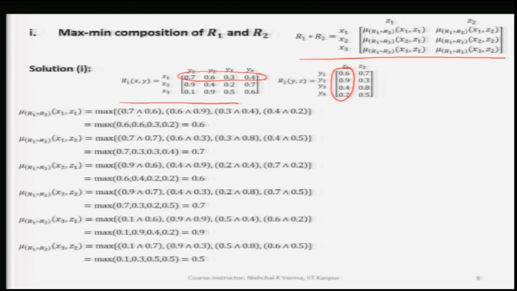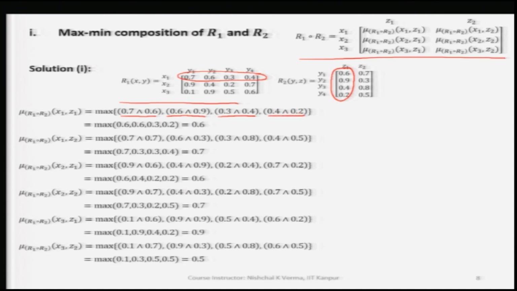We use the min sign here, the open triangle. Then we go to the second element of the first row of R1 and the second element of the first column of R2. We have 0.6 and 0.9, and instead of taking the product we take the min again. Similarly, here instead of taking the product of 0.3 and 0.4, we take the min, and likewise for 0.4 and 0.2.